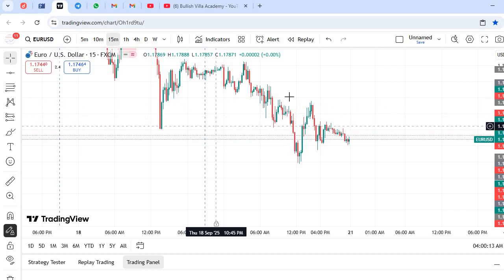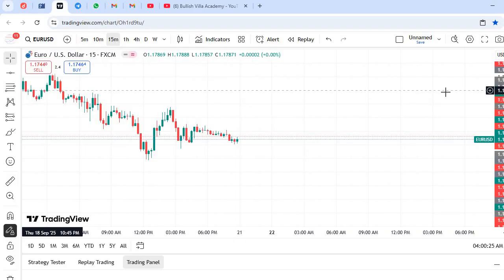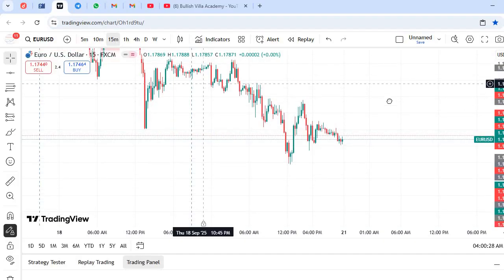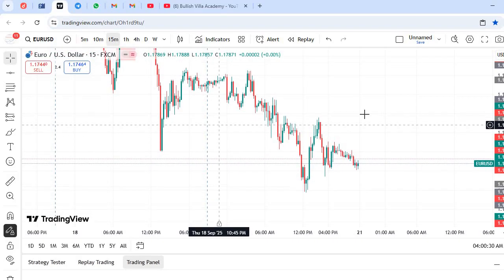I was trying to scalp, and it didn't go my way. That is one of the disadvantages of trying to force an entry. What really made me lose money on this day was because I was just looking for an entry.